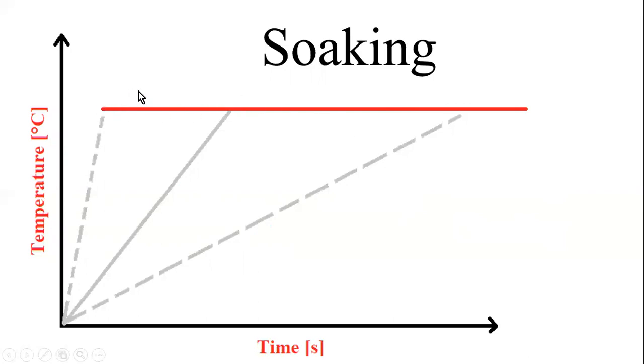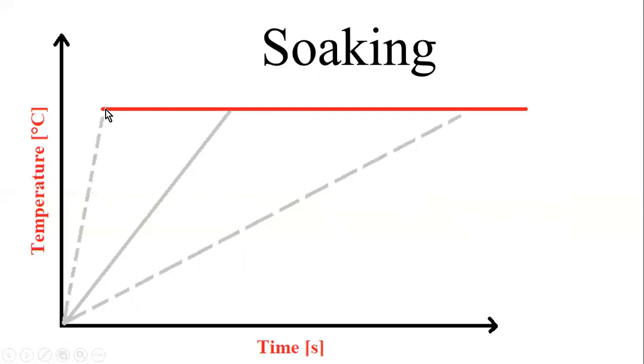So let's say that you have a very small piece of aluminum, let's say 5 by 5 centimeters of aluminum, and thickness of 1 centimeter, let's say. You will probably not use this much of soaking. You will probably need just a few seconds only to soak and then just to cool down.